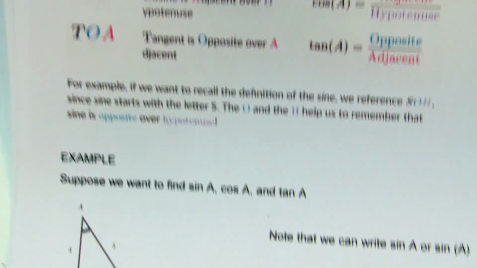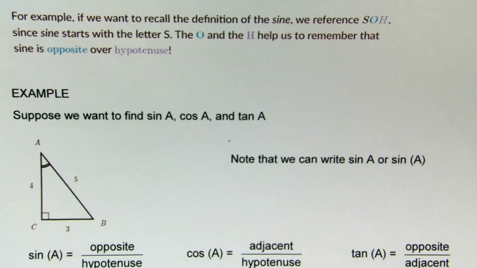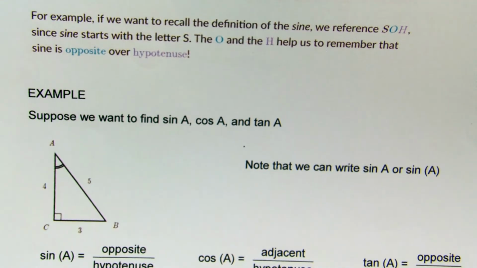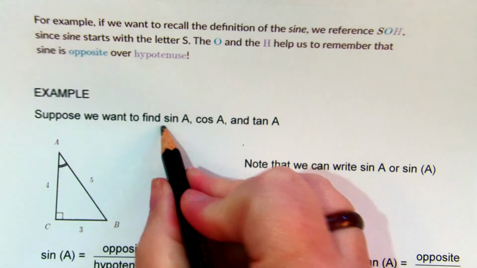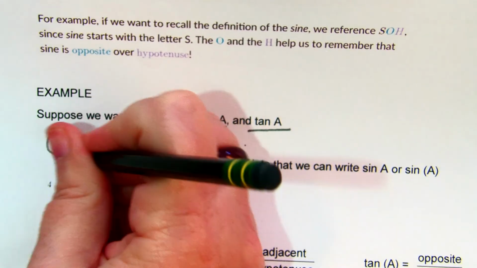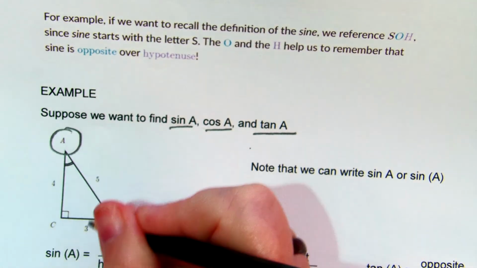So we're going to find some ratios, and that's all you're doing today. It's pretty simple. We want to find sine A, cosine A, and tangent A. A is up here, and we have 4, 5, and 3.